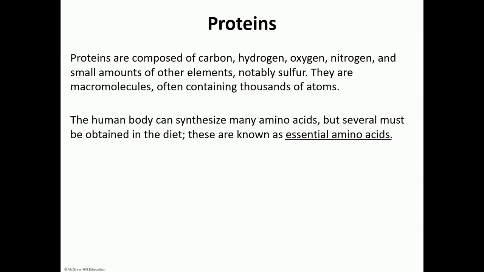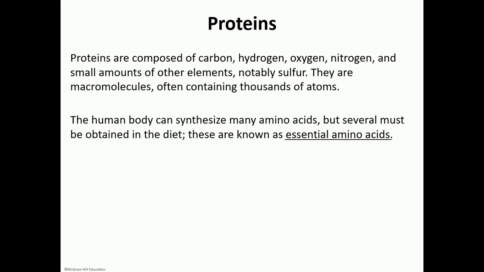Now we've got proteins and nucleotides to talk about. So proteins are made out of carbon, hydrogen, and other things like oxygen, nitrogen, or sulfur. And these molecules are macromolecules, so these are big molecules made out of hundreds and thousands of little tiny atoms.